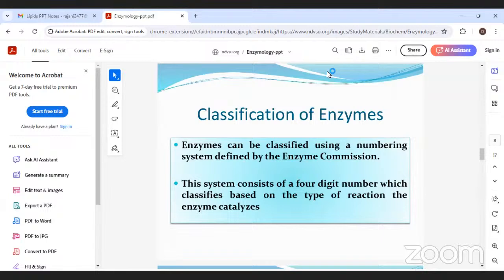In the first classification, transferring enzymes are included in the hydrolyzing enzymes, since some of them are known to act as transferring as well as hydrolyzing enzymes.